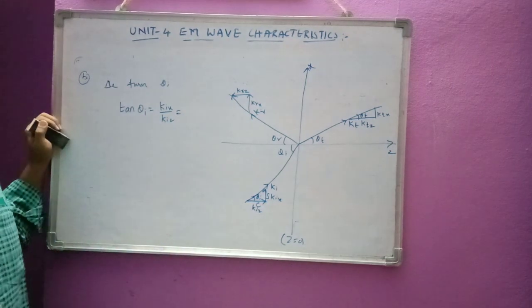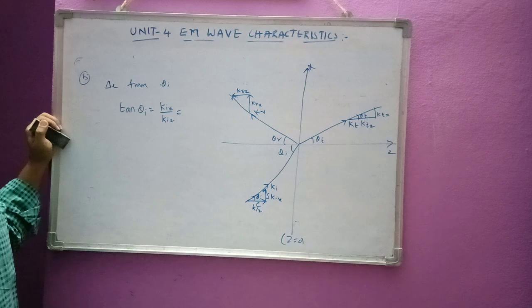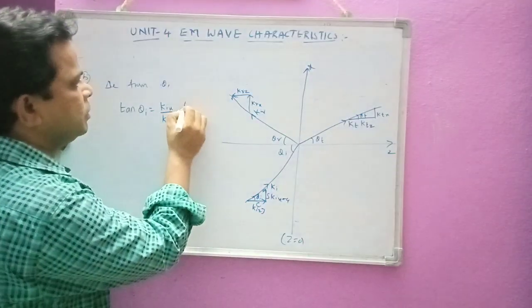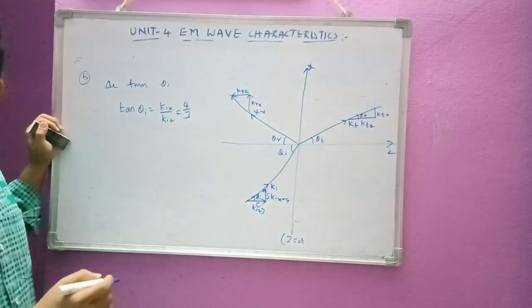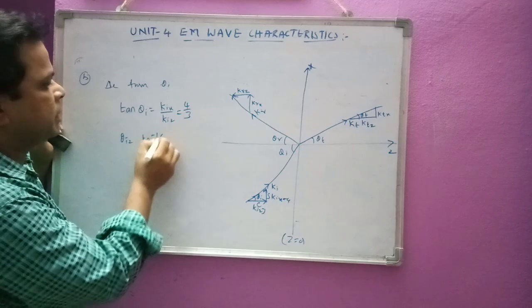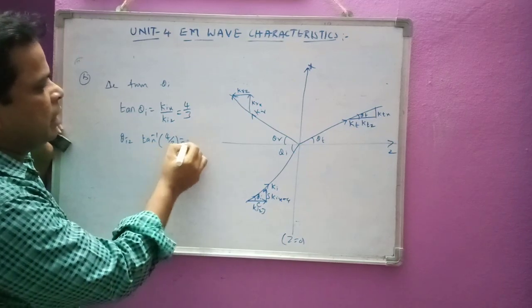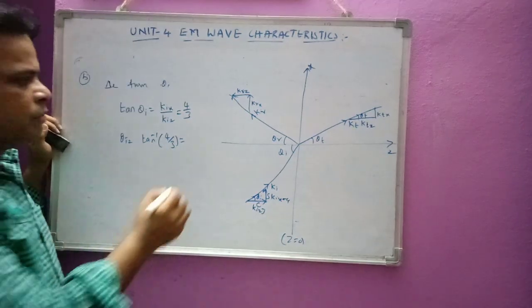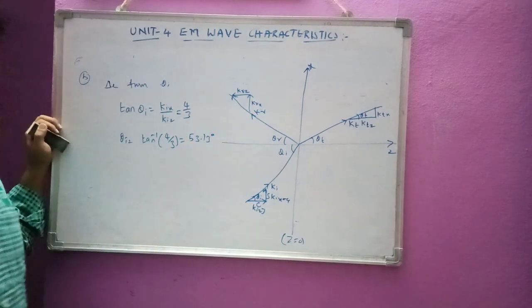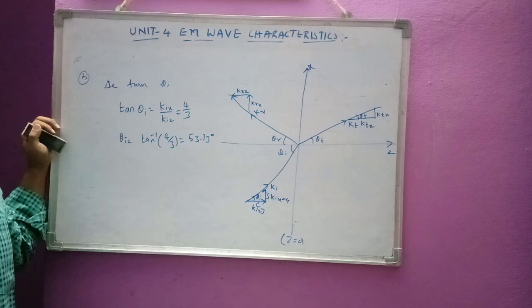In the question he has given kix as 4 and kiz as 3, so that is 4 by 3. Theta i is tan inverse of 4 by 3, which turns out to be 53.13 degrees. So the angle of incidence theta i is 53.13 degrees.